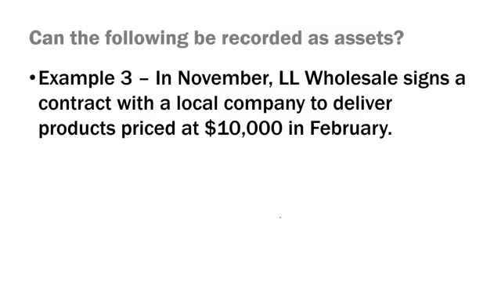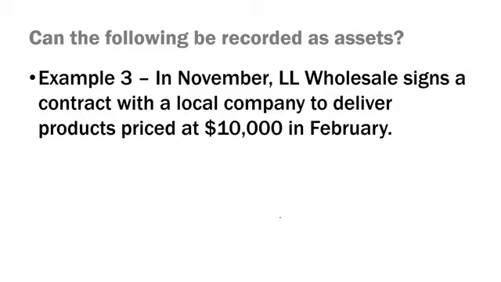Third example, LL Wholesale signs a contract with a local company to deliver products priced at $10,000 next February. Can this be recorded as an asset in the books? No, it cannot be recorded as an asset in the books. Why not? Why can a contract not be recorded as an asset in the books?